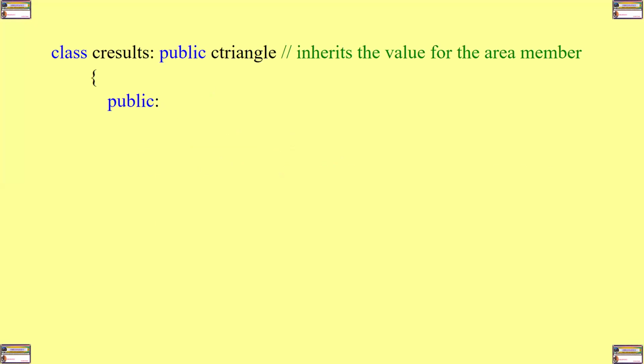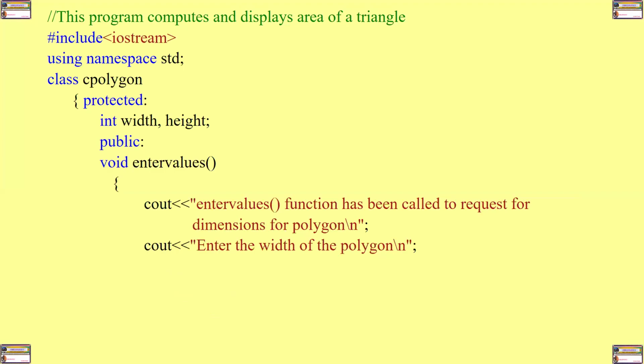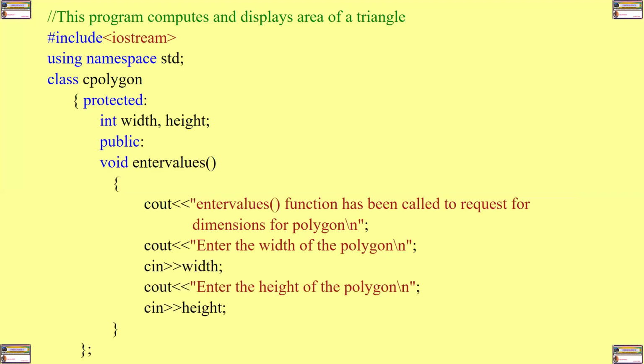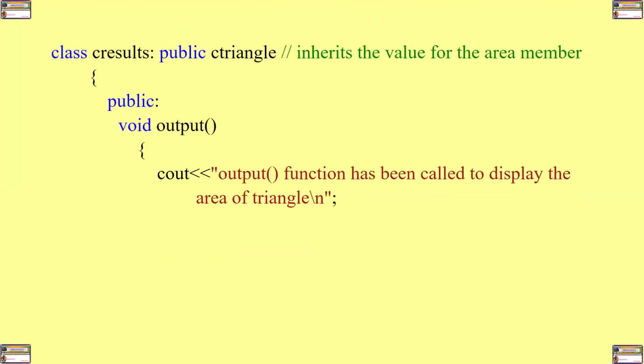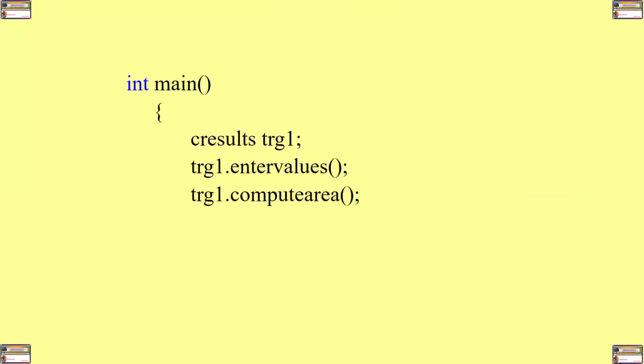So this function will be executed as it is. And then once this statement is executed, the control will be taken back to the calling function, that is the main. And then the next statement will be invoked.